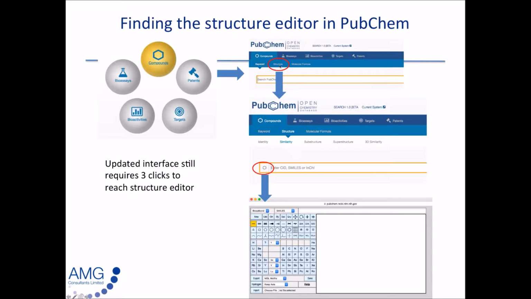You still need to click on the structure tab, and once you've got to the structure tab, you need to click on this little icon here, which is not in fact labelled and has no tooltip, in order to bring up the structure drawing interface. So we're still at the level of needing 3 clicks to reach the structure editor. And I think this is something that PubChem might like to address perhaps in future releases.